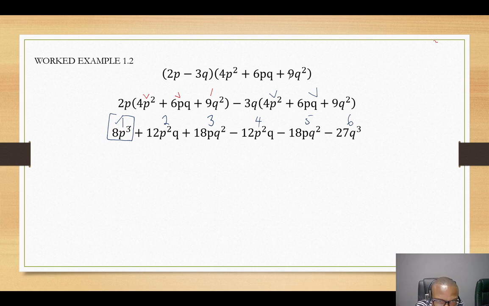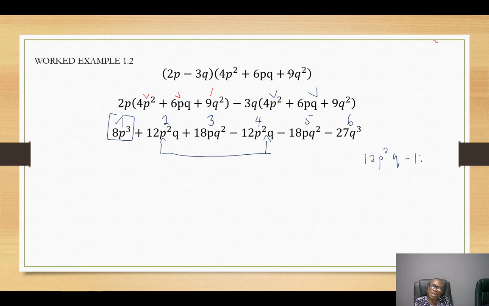So which are the like terms here? Let's look out carefully for the like terms, which are the second term and the fourth term. Because it is 12p squared q, and the fourth term is minus 12p squared q. So these are the like terms.